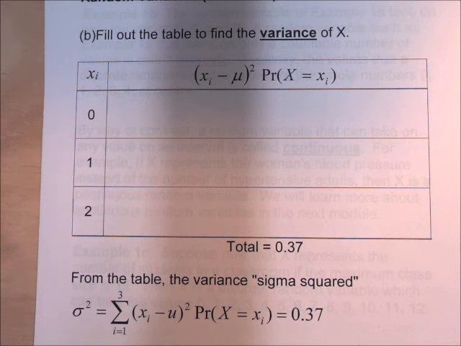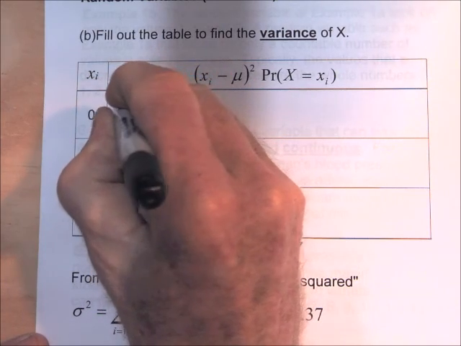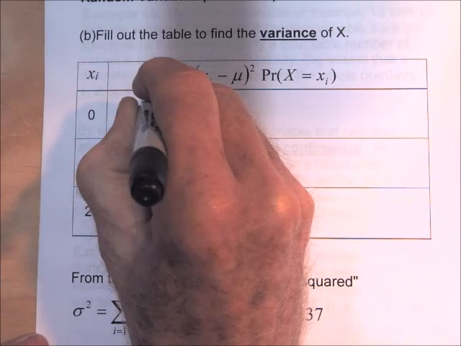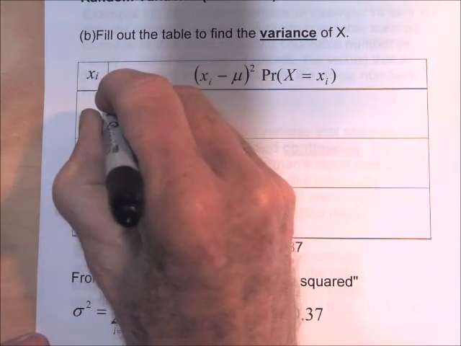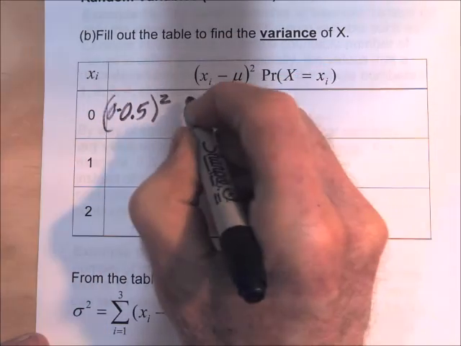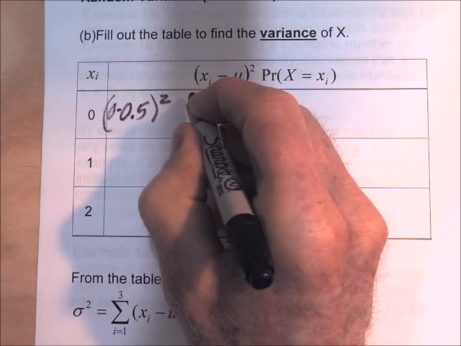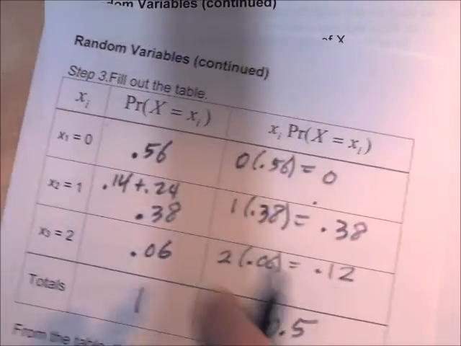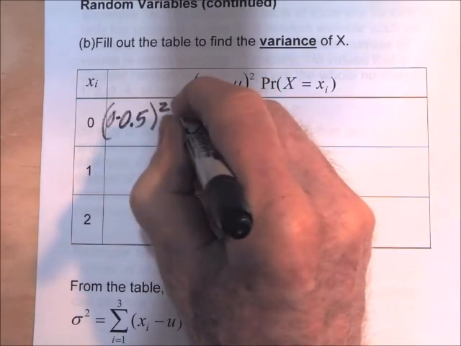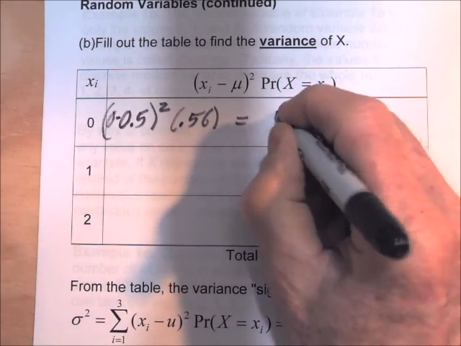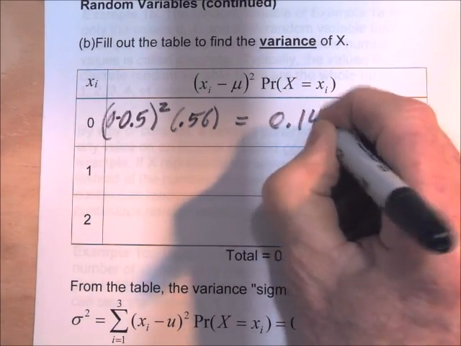The mean is 0.5, we know that now, so for each score, 0 minus 0.5 squared, times the probability of 0 adults, which is 0.56, so it's times 0.56. So this is going to be 0.14.